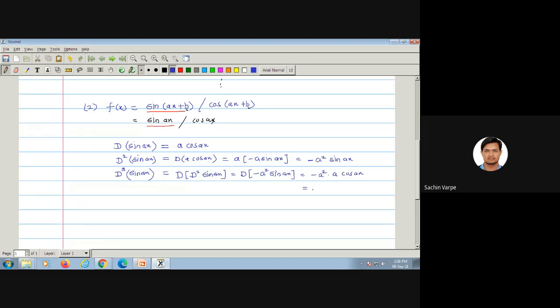So that is minus a cube cos ax, isn't it?